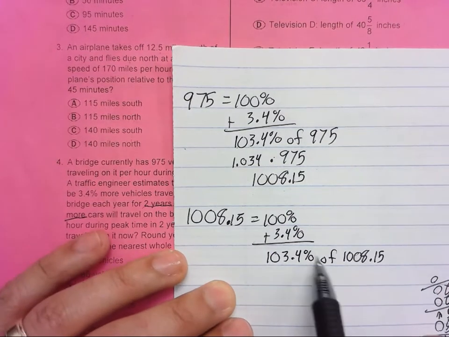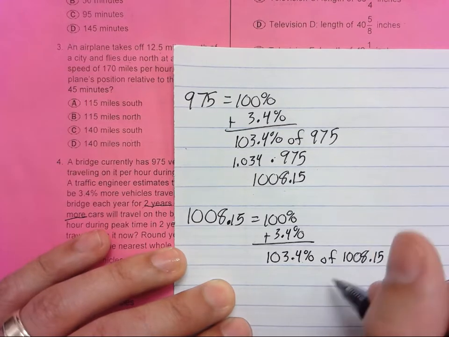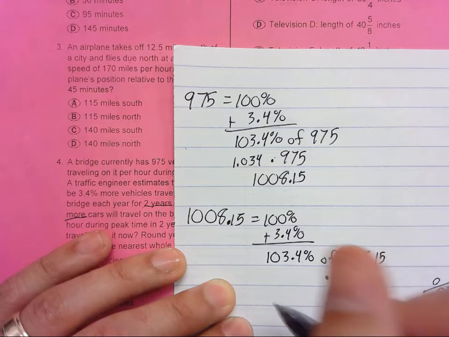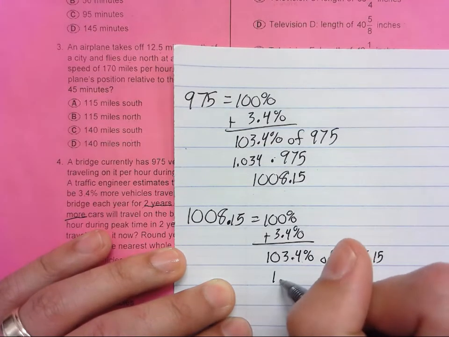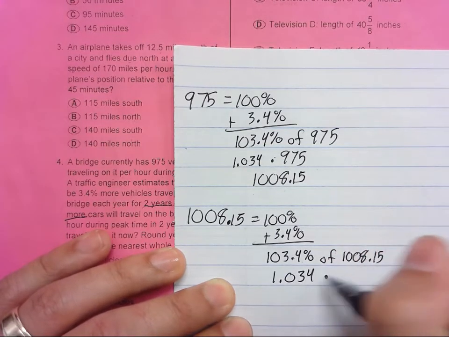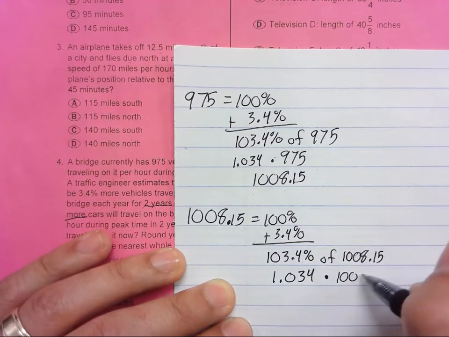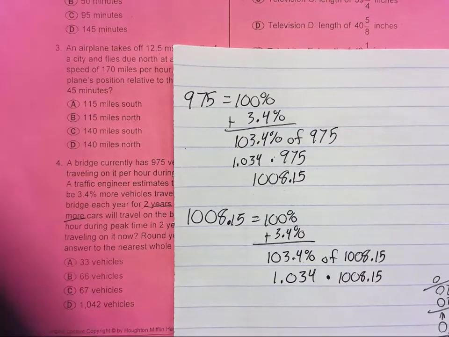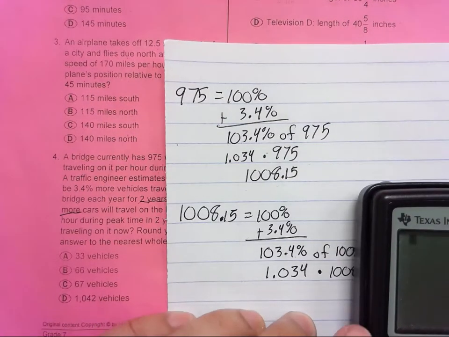Again, we will rewrite this because this is multiplication, and we can't multiply by a percent. So we have to move this over twice. It becomes 1.034 times 1,008.15. And then you'll get your calculator.